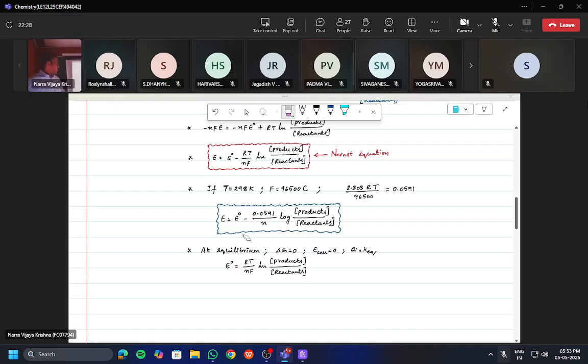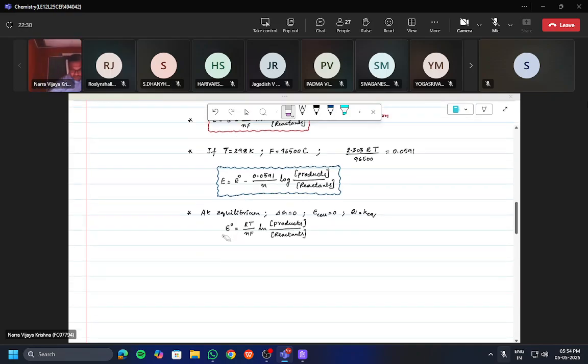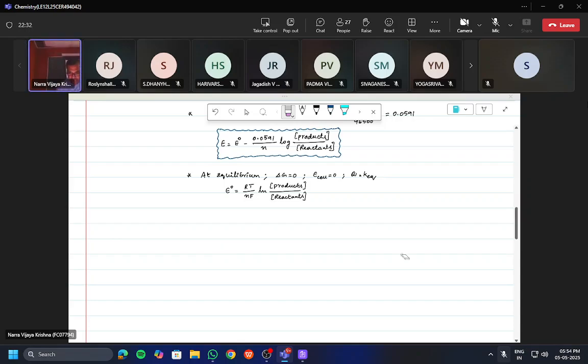Let me complete those graphs here itself. For example, I am taking a reduction reaction. What will you write in case of a reduction reaction?